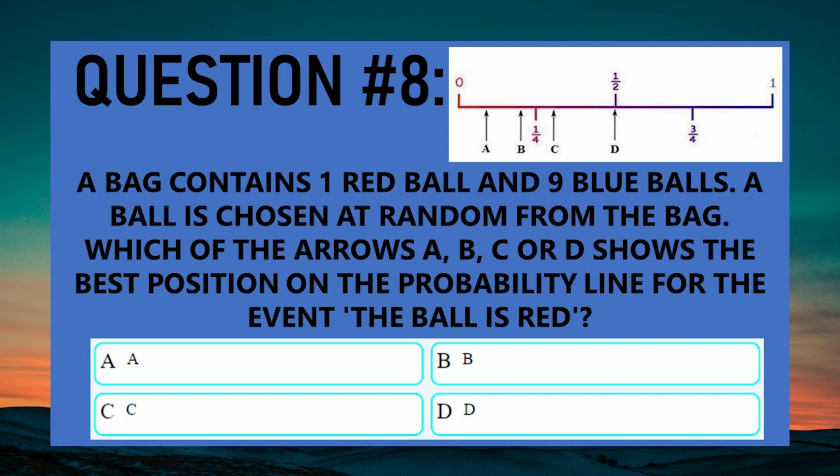Question number 8. A bag contains 1 red ball and 9 blue balls. A ball is chosen at random from the bag. Which of the arrows A, B, C, or D shows the best position on the probability line for the event the ball is red?